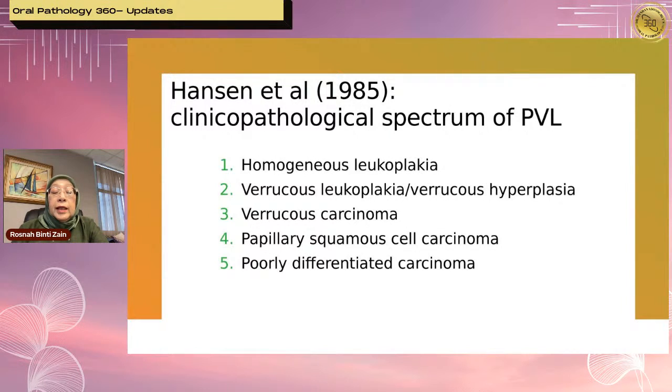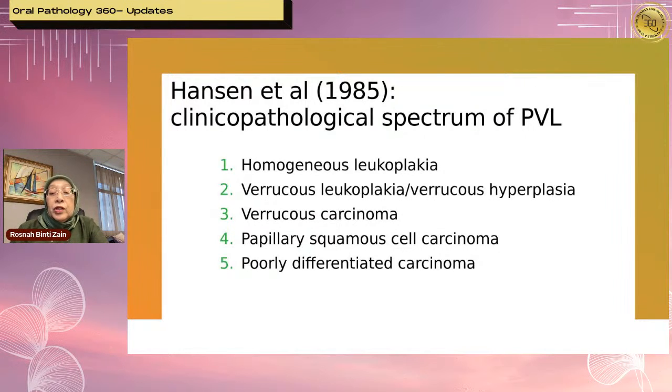Hansen et al. actually named five clinical pathological spectrum of PVL. Any of this can happen at any time, and first is homogeneous leukoplakia. The second is whether it's verrucous leukoplakia or verrucous hyperplasia. This is what I was talking about just now. If it is white, this is verrucous leukoplakia. If it is not white, it is verrucous hyperplasia, and we can call it exophytic.